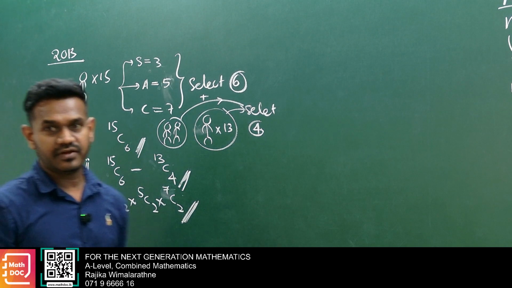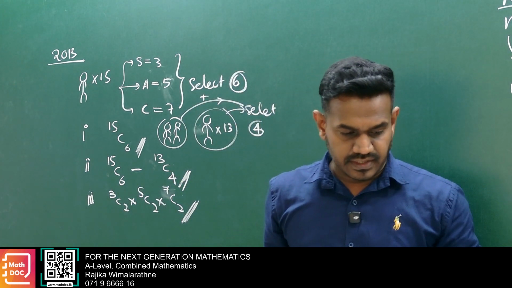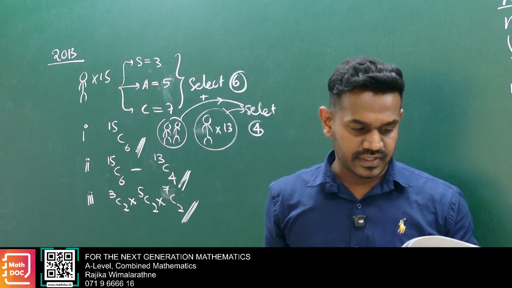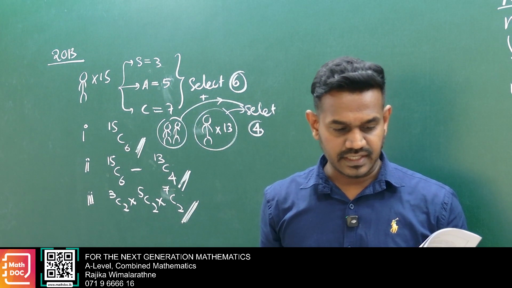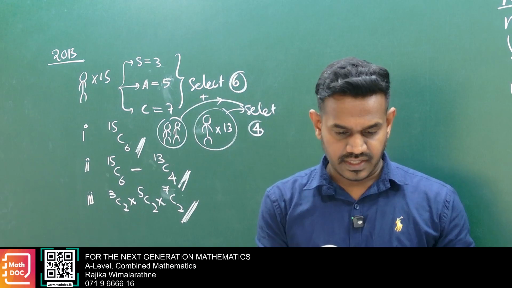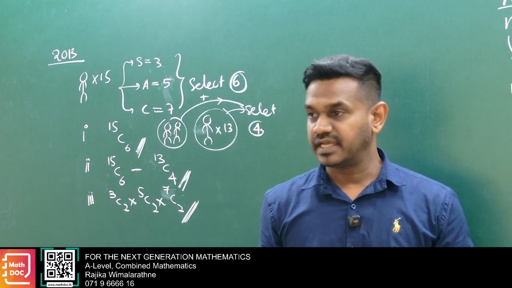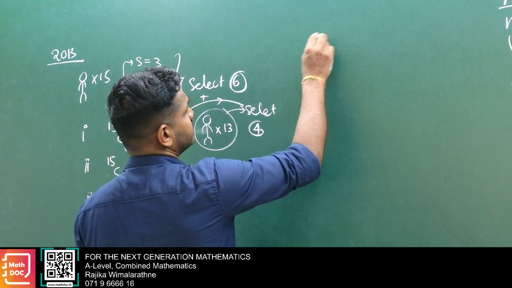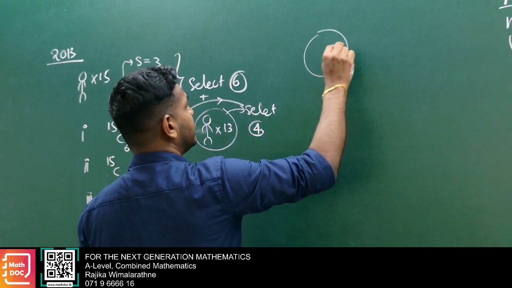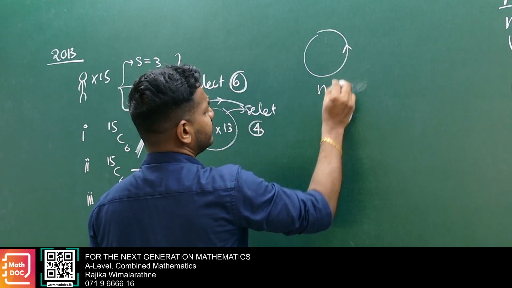Each of the groups has to select 2 by 2. Thereafter find the number of different ways in which the group selected under three can be seated around the table. Now circular arrangements. So here in this case circular arrangement. So when you consider n distinct objects in circular arrangement.